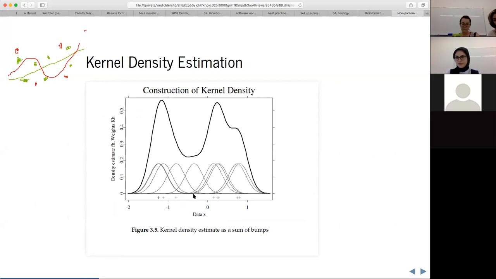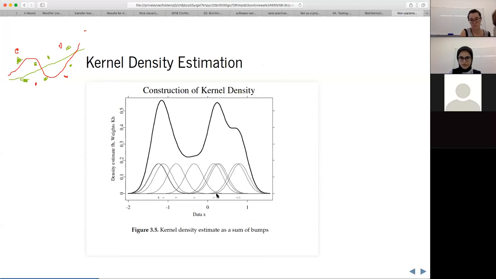Is the uniform kernel the same as the histogram then? No, because a uniform means that, let's go back to the annotation. Let's pick a blue color.